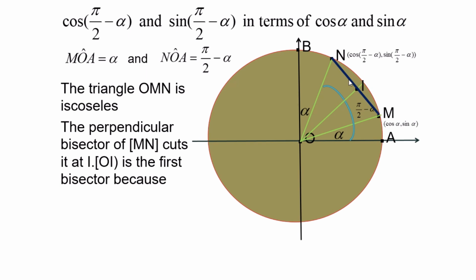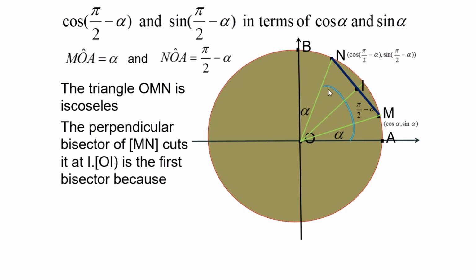It is height, it is median, because the median relative to the base, or the bisector relative to the base, is everything. Height, bisector, median.